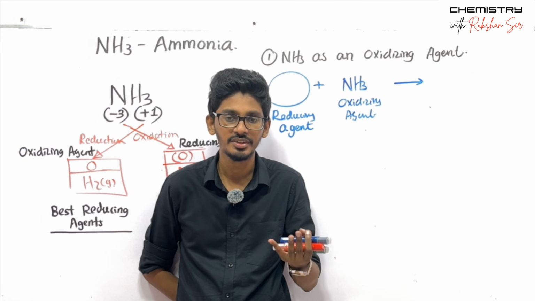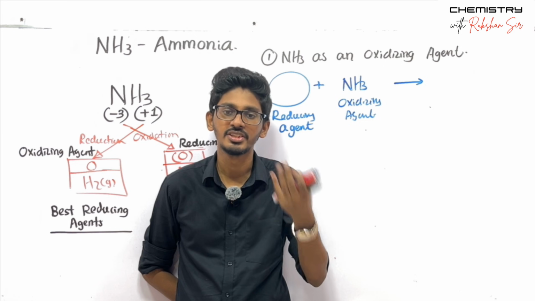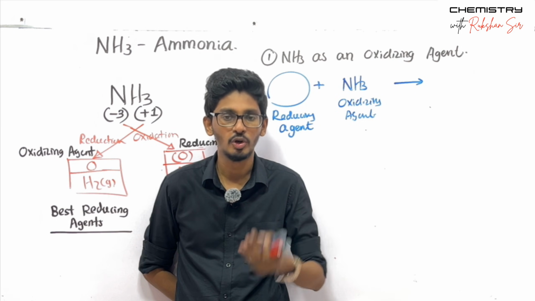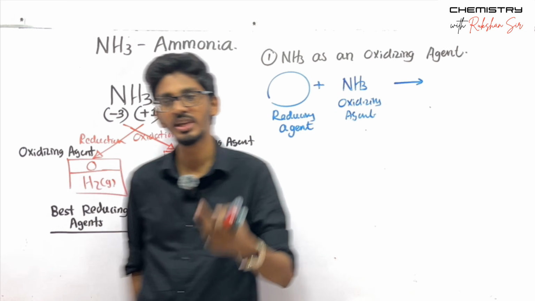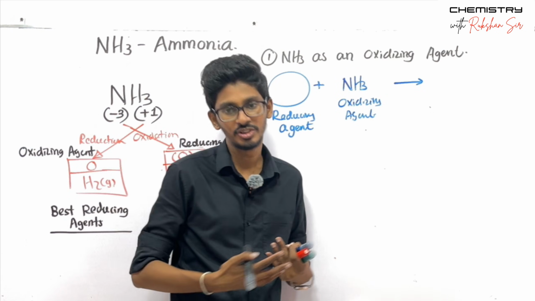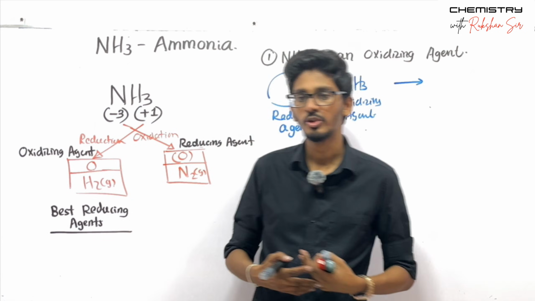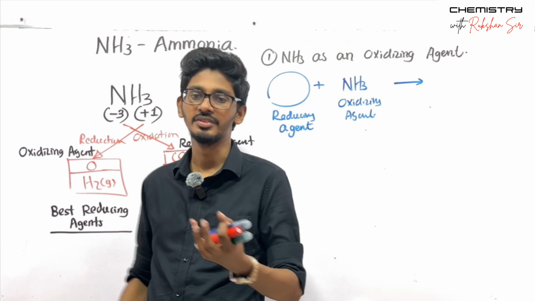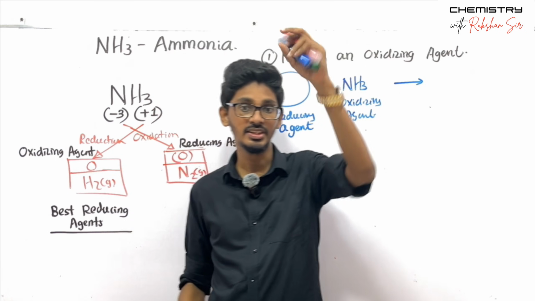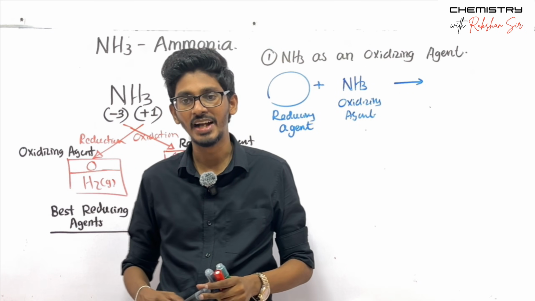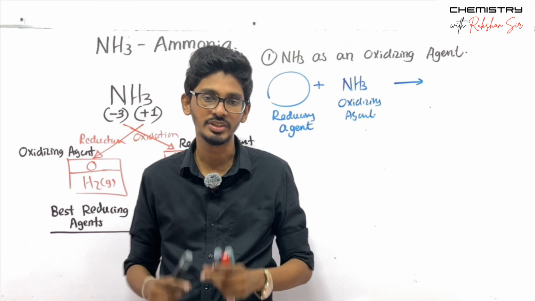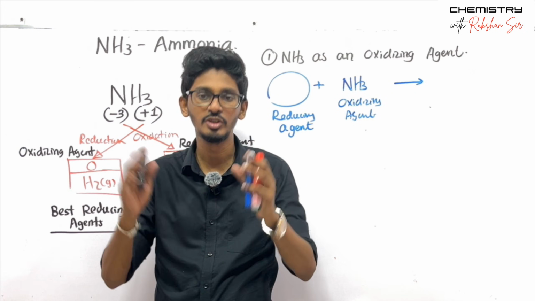Out of those metals, the S block metals are the best, because by releasing 1 or 2 electrons, S block metals achieve the noble gas configuration. They appear at the top part of the activity series. The best ones to get oxidized, the best reducing agents.